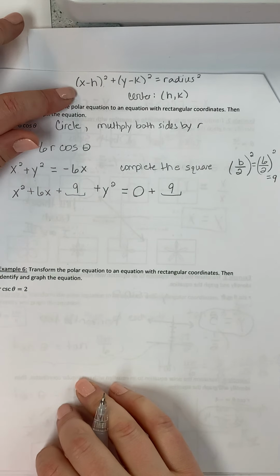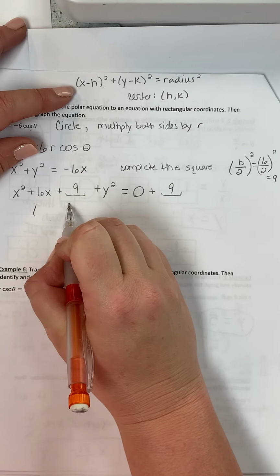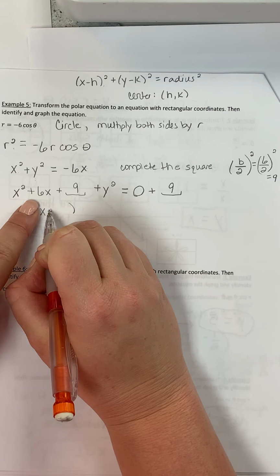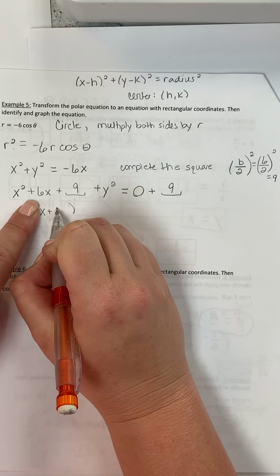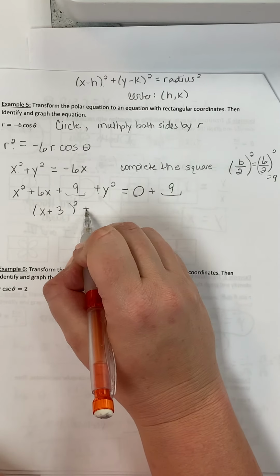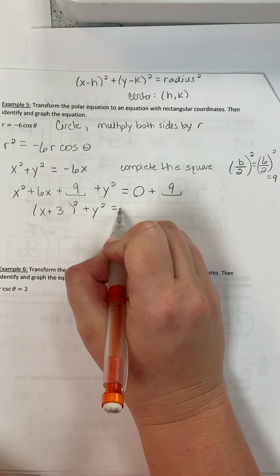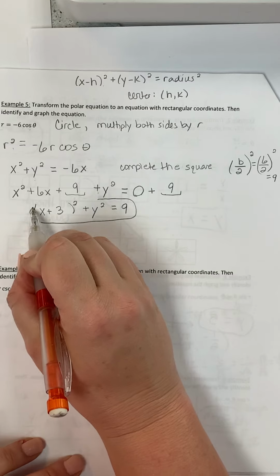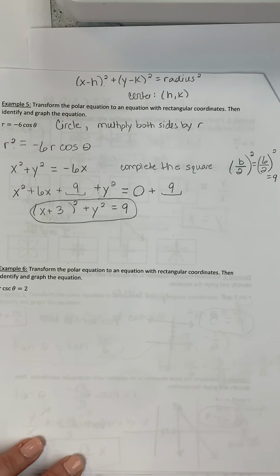Now I'm going to make my parenthesis packet. Square root of this term, sign of the middle, square root of the last term, plus y squared, equals, clean up the right, 9. This is my equation.